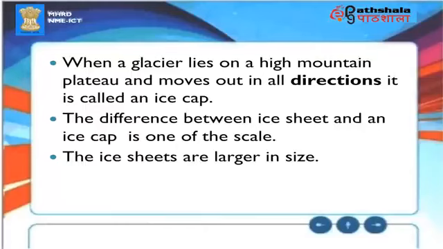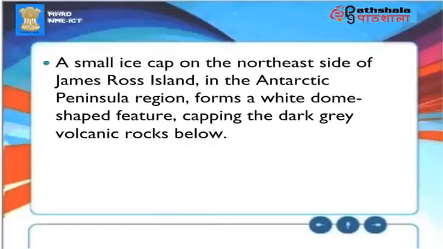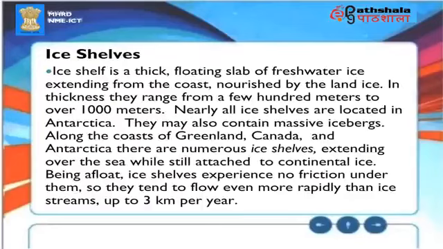The difference between an ice sheet and an ice cap is one of scale. The ice sheets are larger in size. The glacier that covers Iceland is an ice cap. A small ice cap on the northeast side of James Ross Island in the Antarctic Peninsula region forms a white dome-shaped feature, capping the dark grey volcanic rocks below.